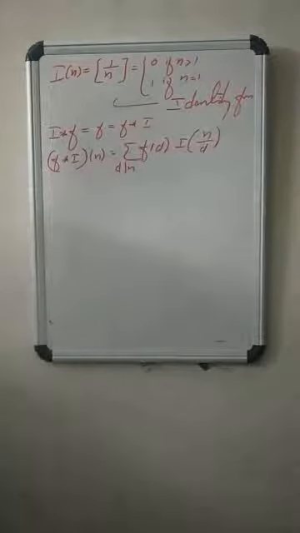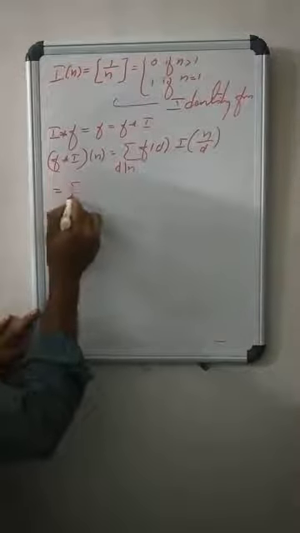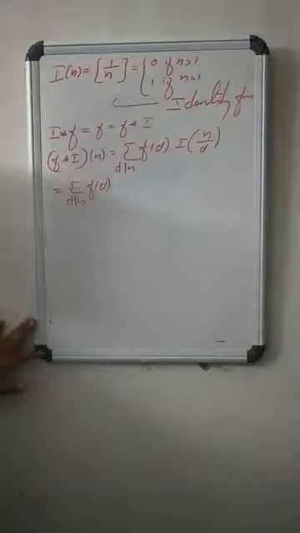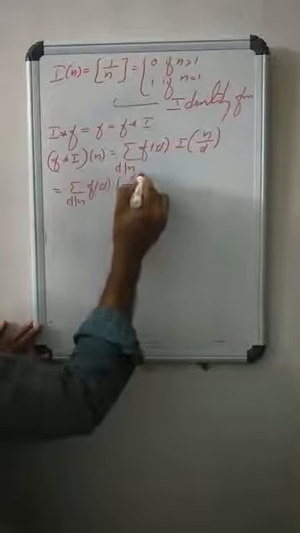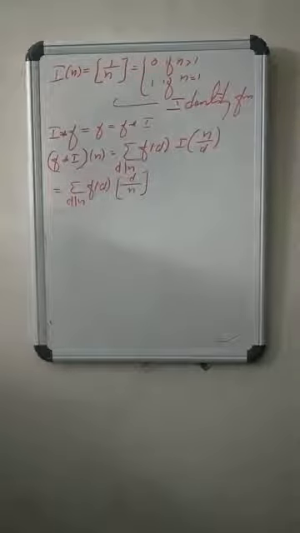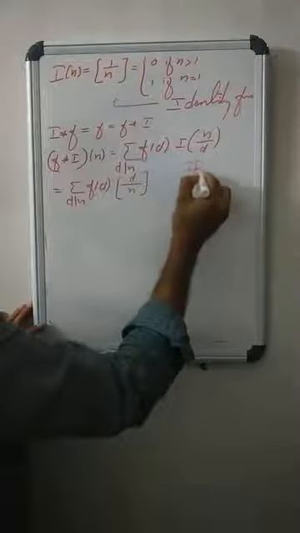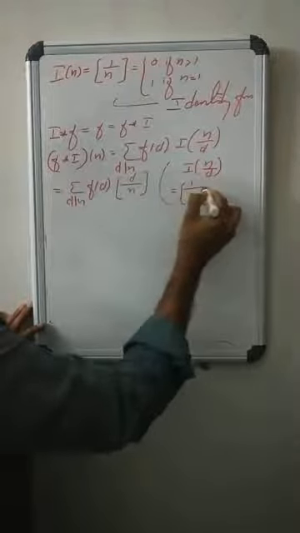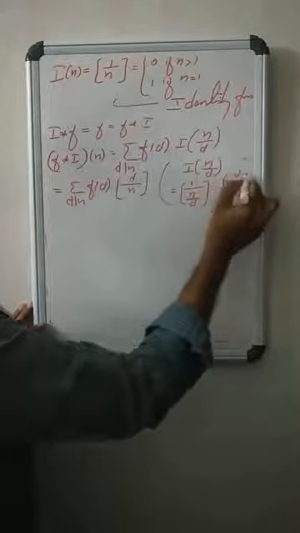What is I of n by d? I of n is greatest integer 1 by n, so I of n by d equals greatest integer 1 by n by d, that equals greatest integer d by n.